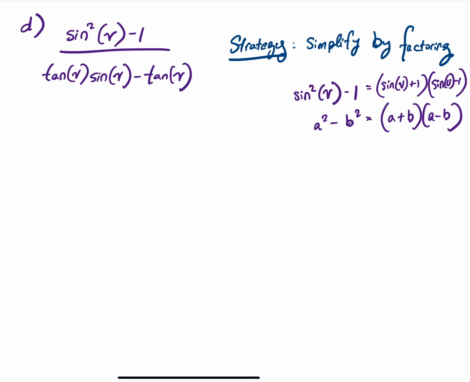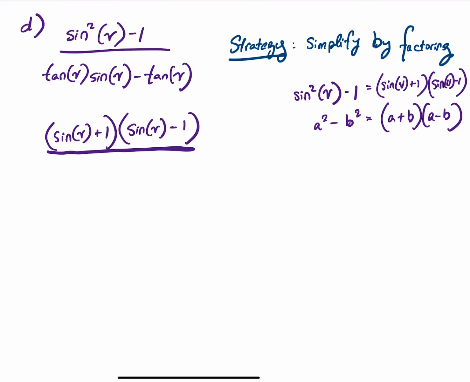So let's do that. That numerator will become sine of v plus 1 times sine of v minus 1. And then in the denominator, we have tangent times sine minus tangent. We can factor a tangent out of that expression. So I can imagine pulling a tangent out, times, and what would be left over?